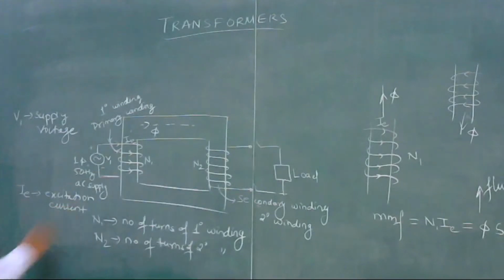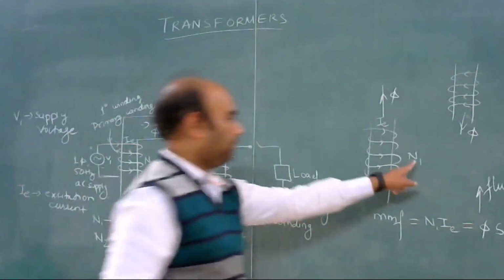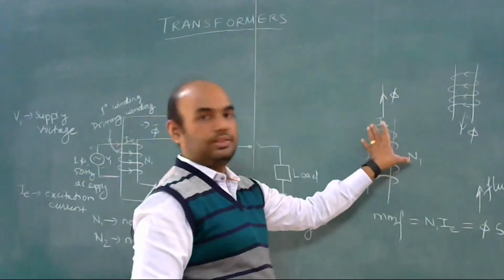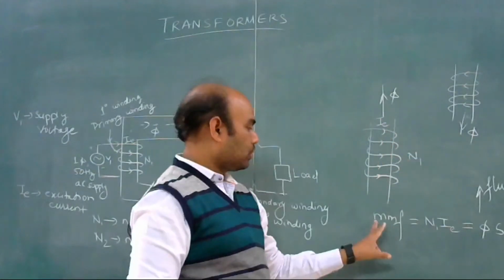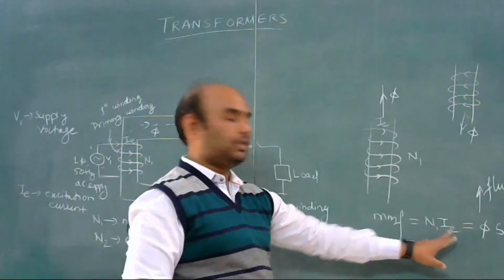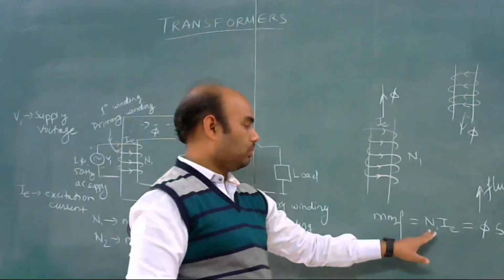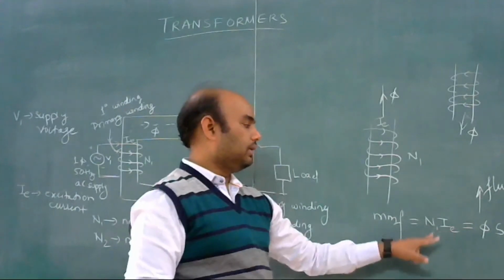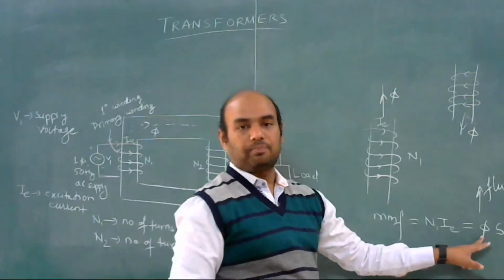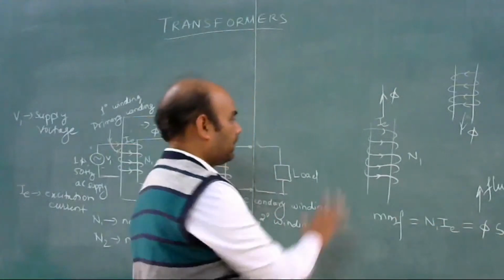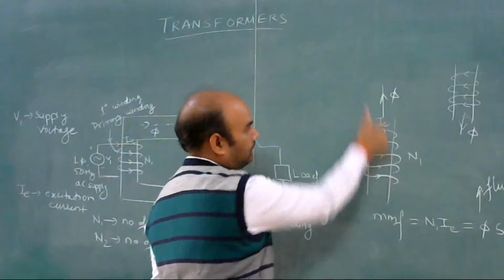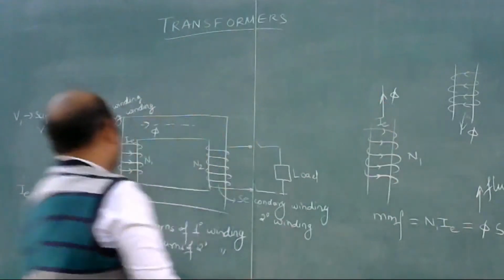Whenever there are N number of turns and current I is flowing, this will generate MMF, MMF is equal to N into IE. The number of turns is N1 and current is IE, and this will give rise to flux phi. The direction of the flux will be given by the thumb rule. Current is flowing in that circle, so flux will flow upward.